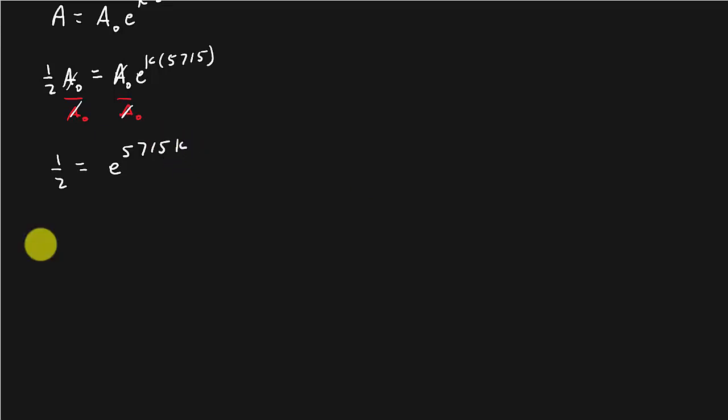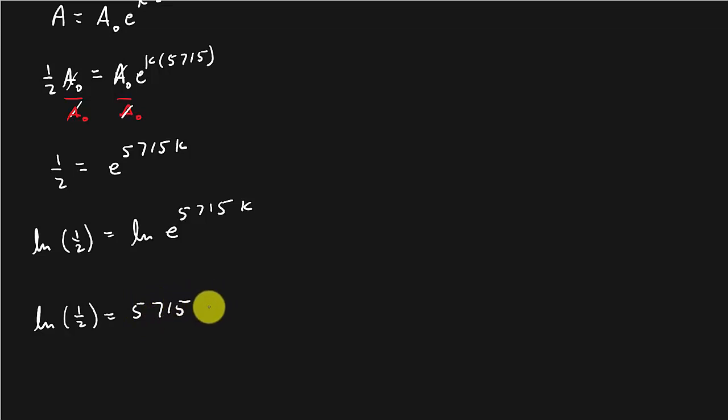To do that, we're going to take the natural log of both sides, and that's going to equal the natural log of e to the 5,715k. So that's going to give me the natural log of 1/2 is equal to 5,715k. Now, where did this come from?